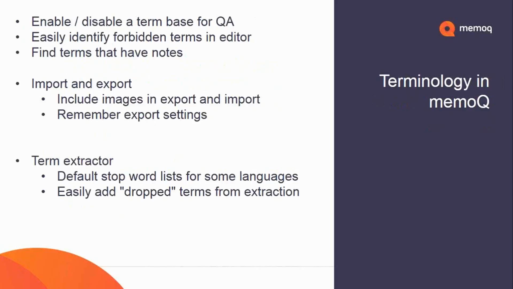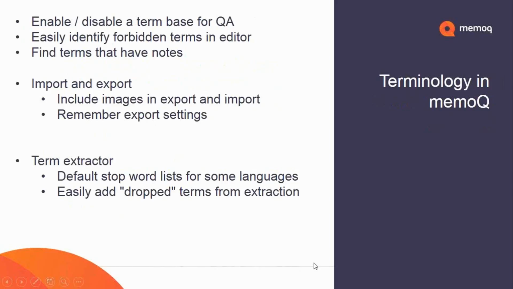I think probably at least on the memoQ side, we are ending this round of improvements, or more or less. So at least we are not working on huge improvements anymore. But for 8.4, we have made a number of changes.